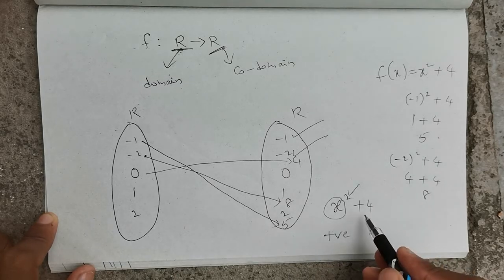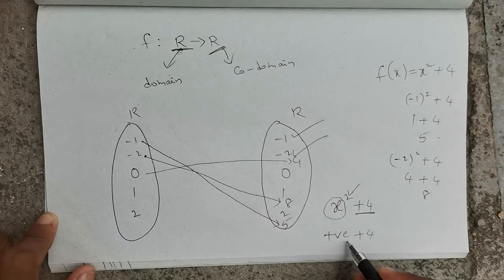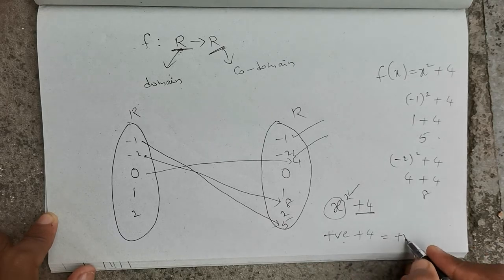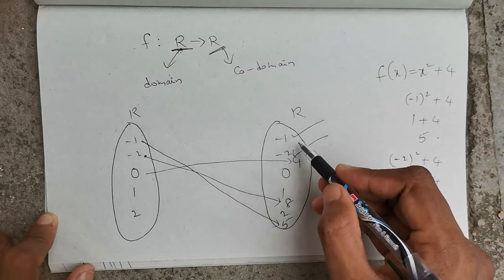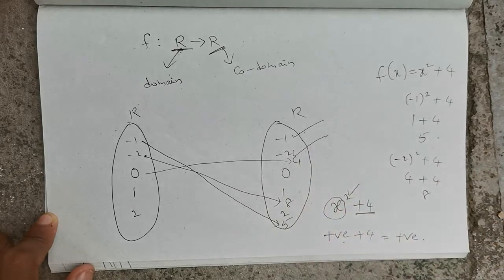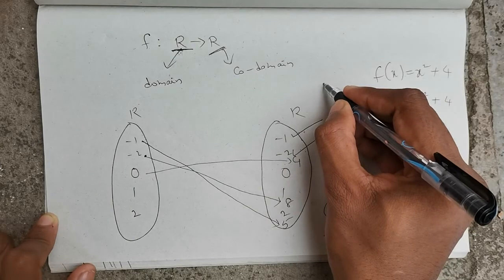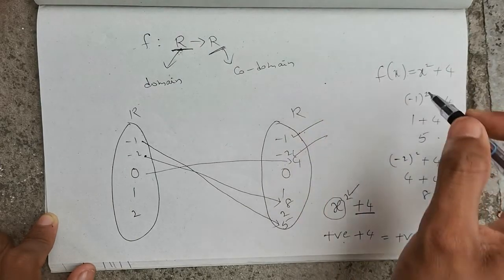To that positive number, again I am adding a positive number. Positive number plus positive number, always we will get a positive number only. There is no chance that we will get a negative number. So the range will be only positive numbers.